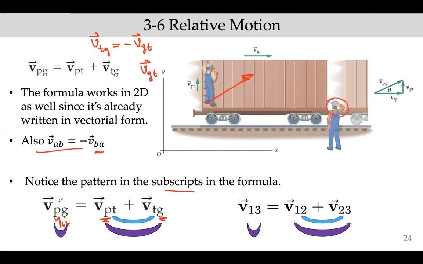So velocity of passenger with respect to the ground is velocity of passenger with respect to the train plus velocity of the train with respect to the ground. And we can generalize this. It doesn't have to be passengers and trains. It could be water. It could be a person on a boat. So you can generalize these indices as 1, 3 being 1, 2 and 2, 3.